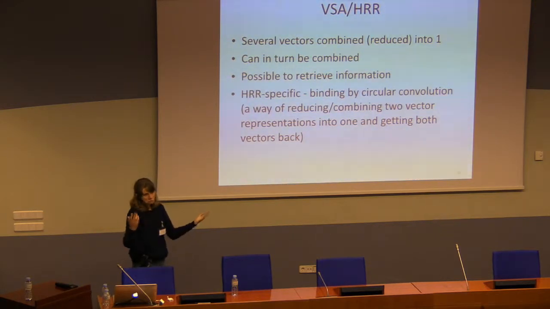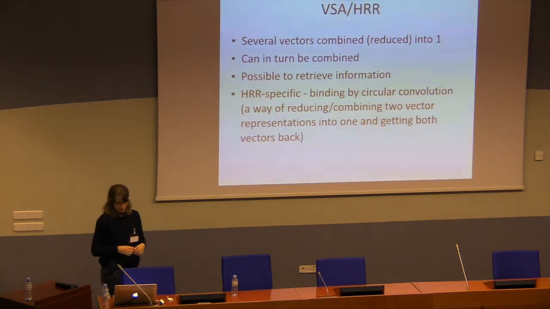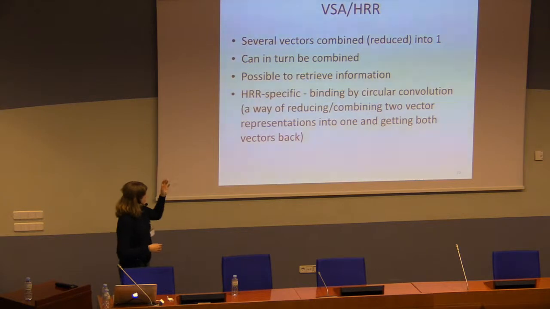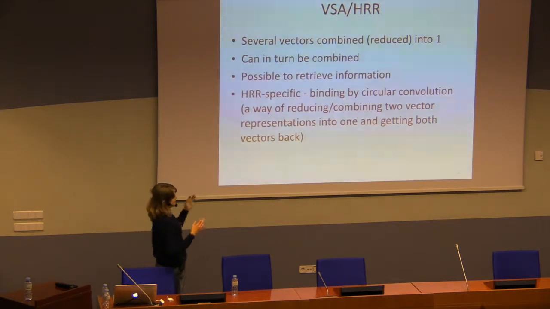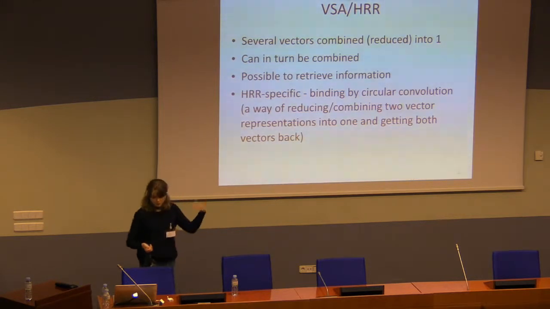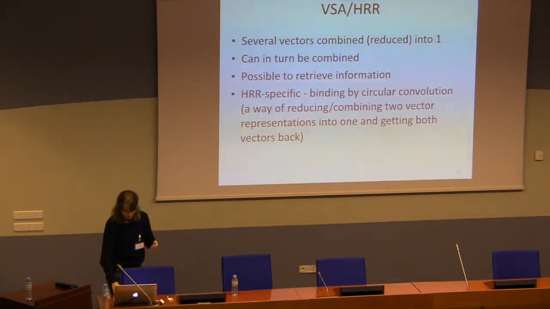So given the features, for example, you have to be able to get all the values from this vector. In HRR, this specific thing is done by circular convolution. This is the way the HRR family reduces two vectors into one, so that you can still get all the original information back from them.